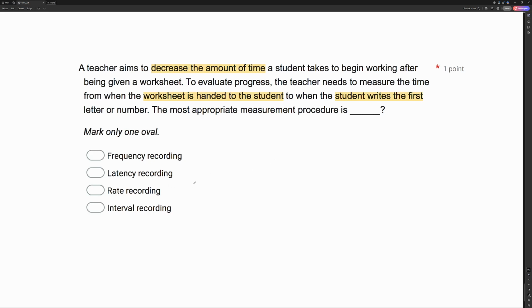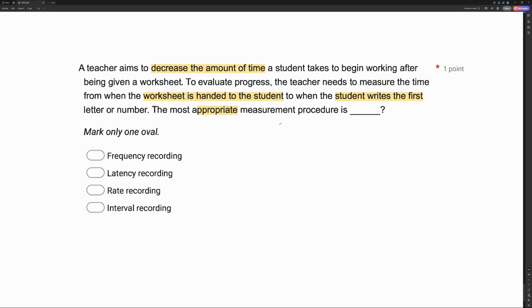B, latency recording. Latency recording measures what? Latency recording measures the time from the presentation of the SD to the start of the first response. So in this case, the presentation of the worksheet to the first time the student writes anything. This looks like a great or appropriate measurement to use given our goal.